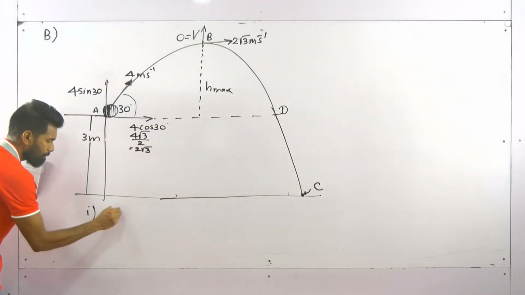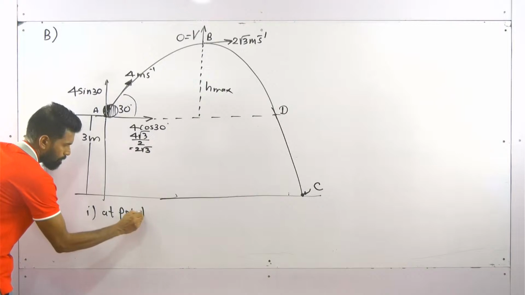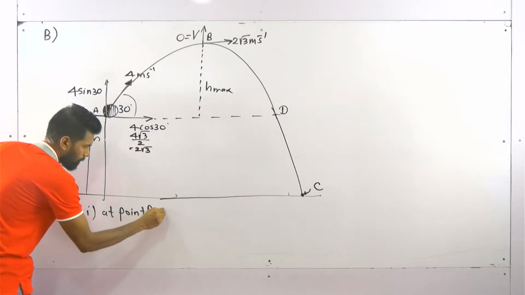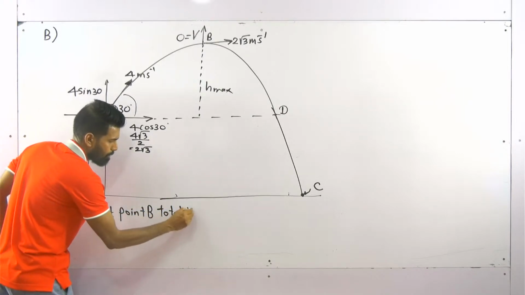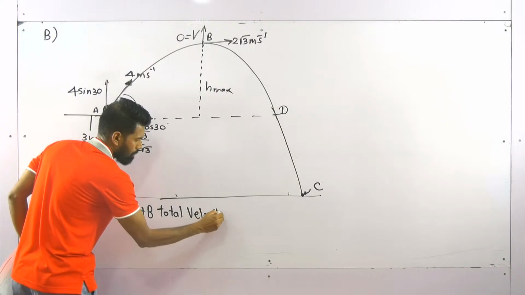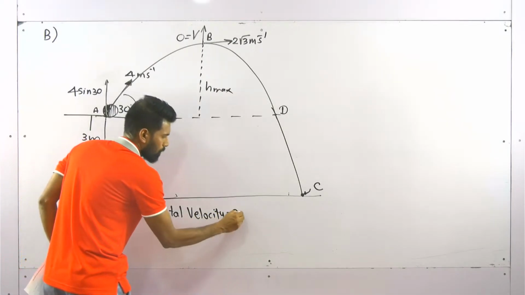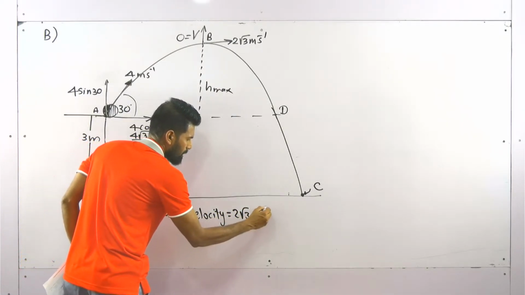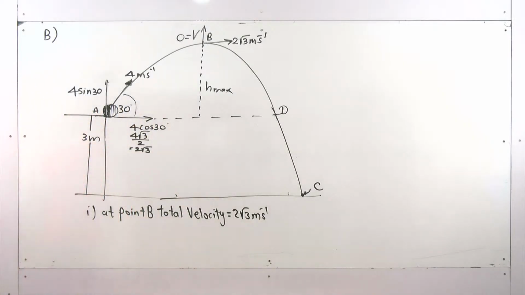At point B, the total velocity is 2 root 3 meters per second.